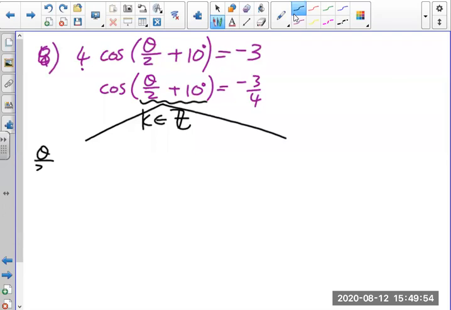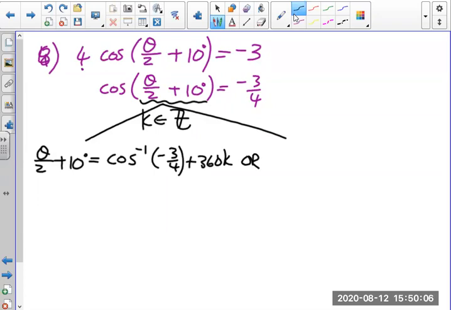So theta over 2 plus 10 is equal to shift cos minus 3 over 4 plus 360k, or you take your angle, theta over 2 plus 10, and you say minus shift cos answer plus 360k. And now you just solve.